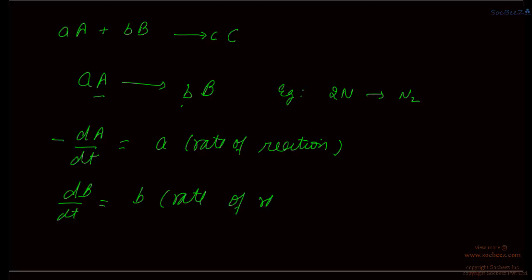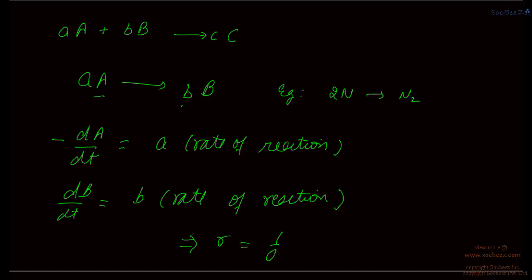Therefore, the rate at which the reaction is progressing was 1 by a times, or 1 by b times, the rate at which that particular species is appearing or disappearing. And hence the rate of reaction is always the same whether we are considering reactants or products.